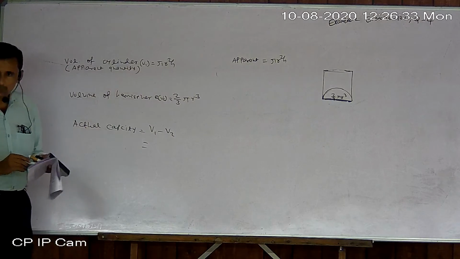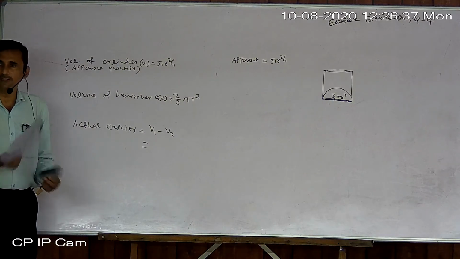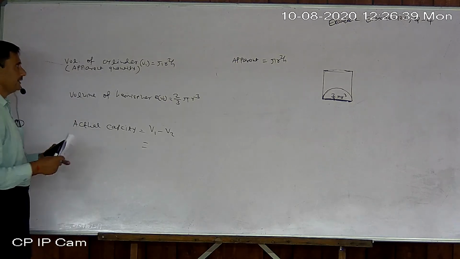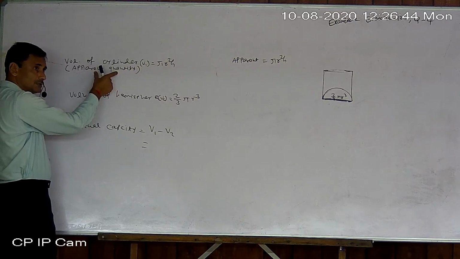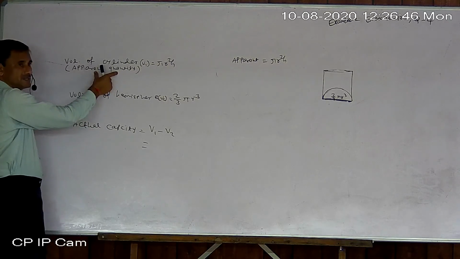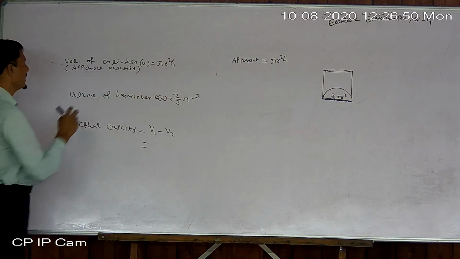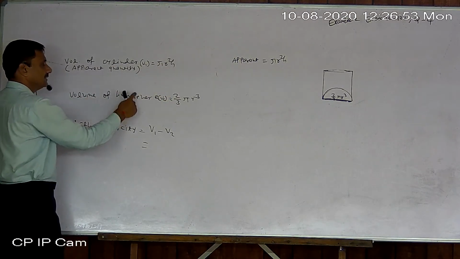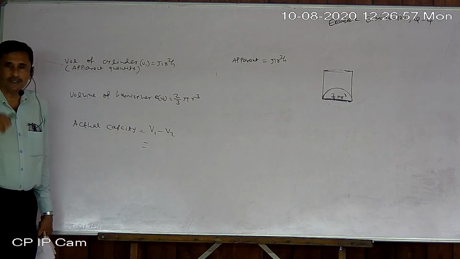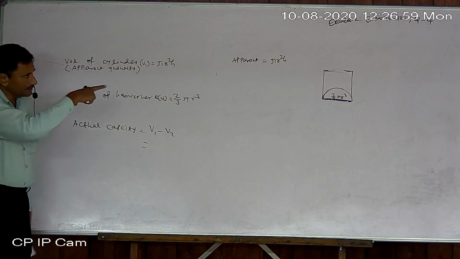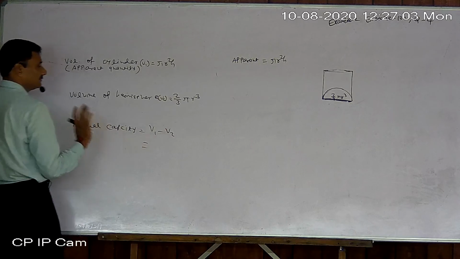That part is actually not filled by whatever liquid is there. So again understand, apparent quantity is not real, just visible or imaginary. The imaginary quantity is only the whole cylinder. But basically the hemisphere is being subtracted there. Why? Because the liquid does not occupy that space. So it will be V1 minus V2.